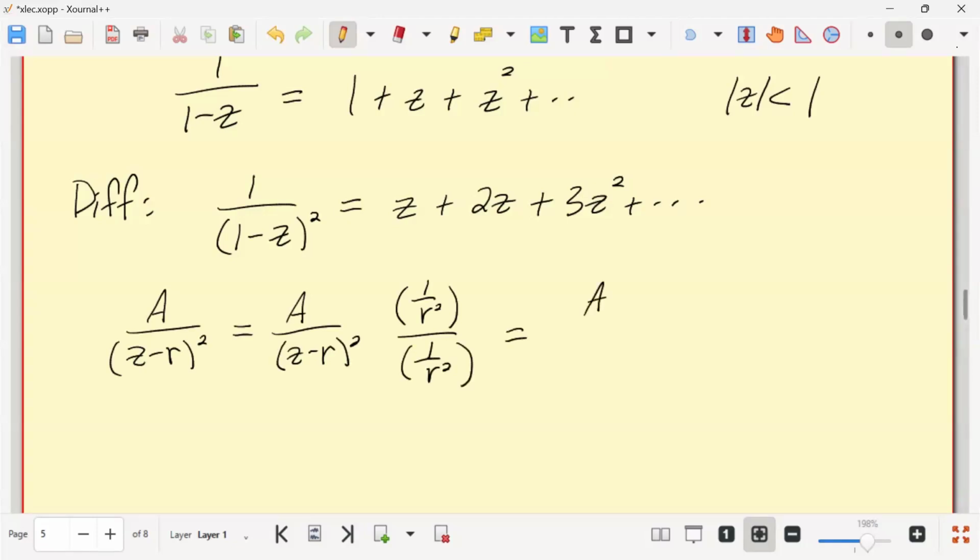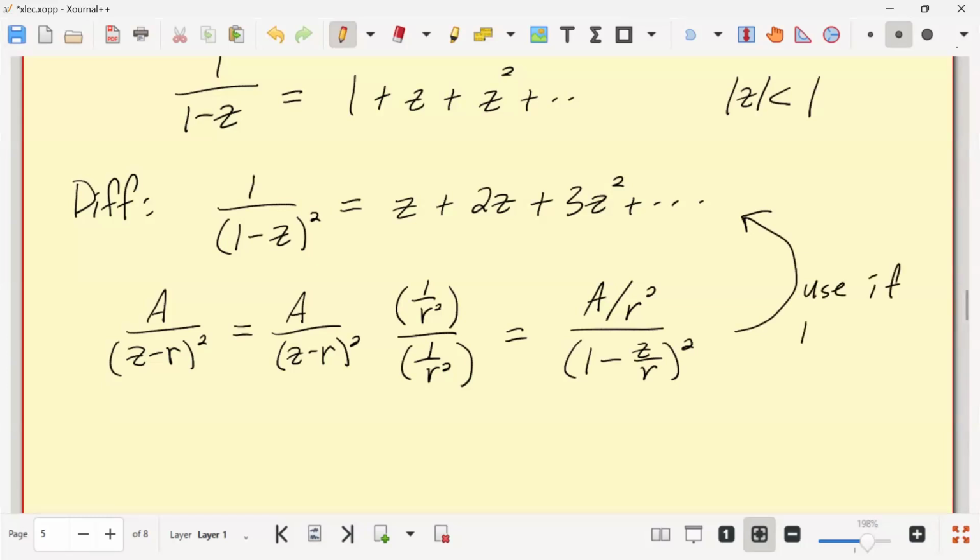Then that would be a over r squared on top, and here I would get 1 minus z over r, squared. And then I could use this if mod z is less than r.